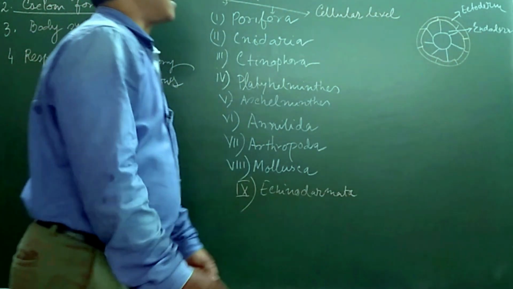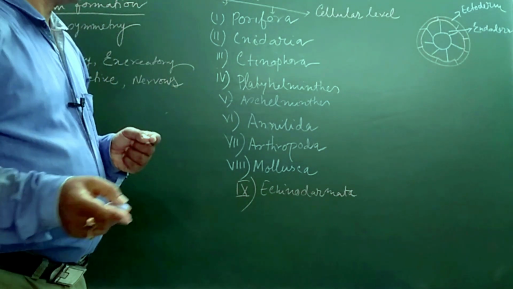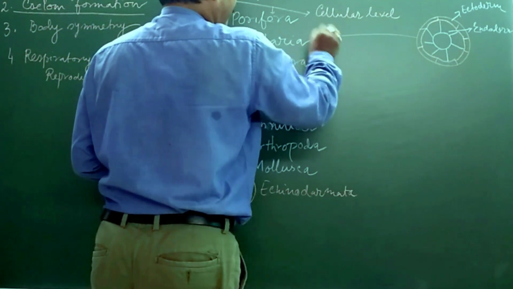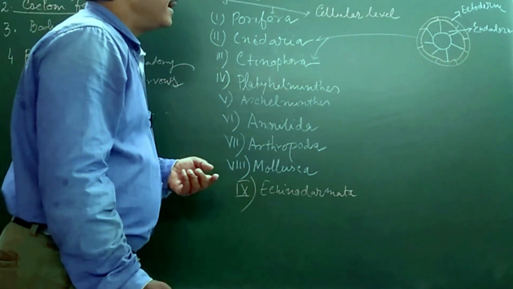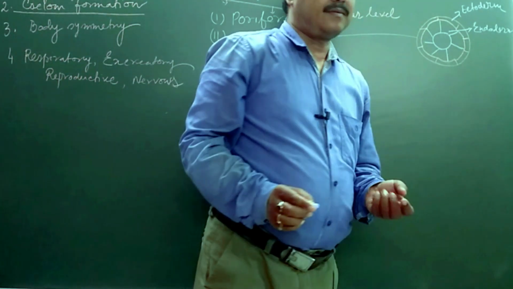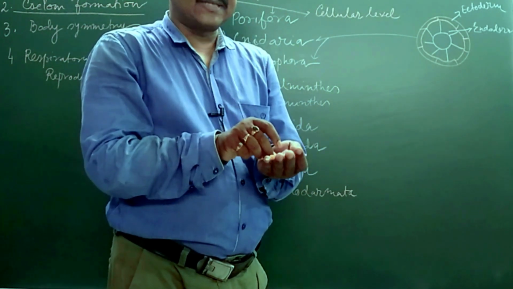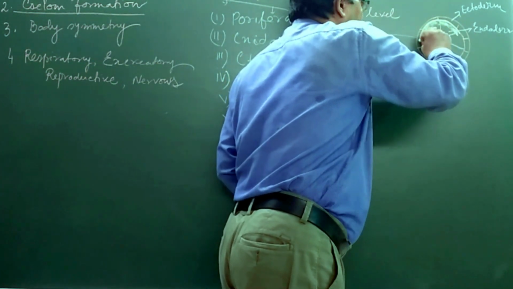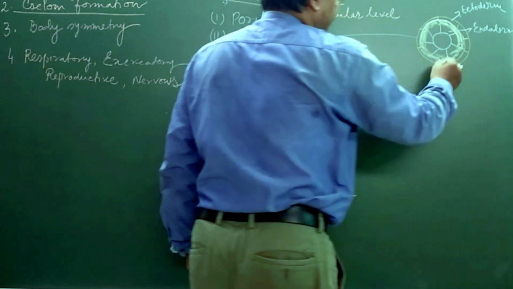This primitive structure is the simplest form and is found in Cnidaria and Ctenophora also. In between ectoderm and endoderm, some gelatinous substance may develop. This is called mesoglea.